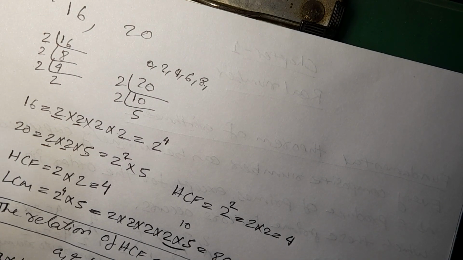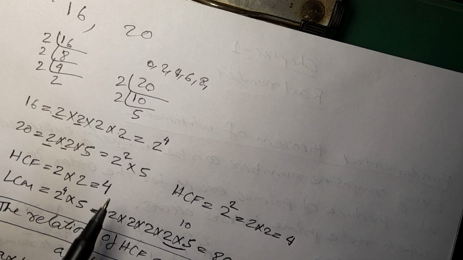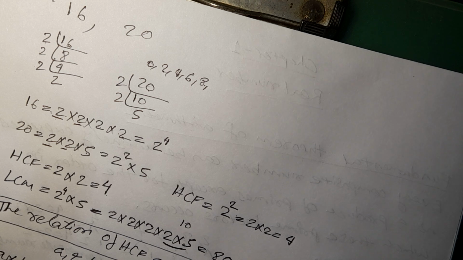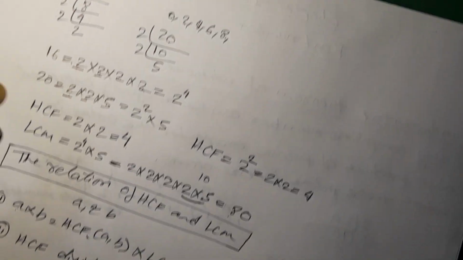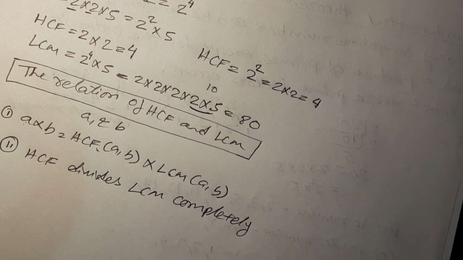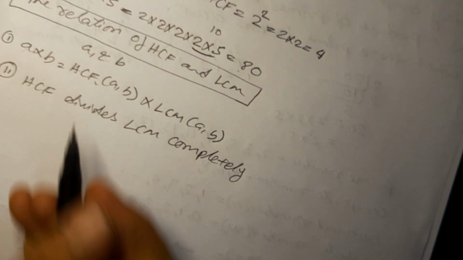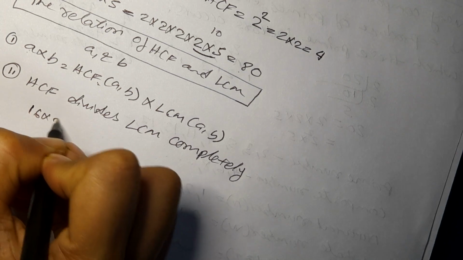We have taken 16 and 20 and we got the HCF 4 and the LCM 80. So now let's prove the first one, that is the product of the 2 numbers: 16 into 20.